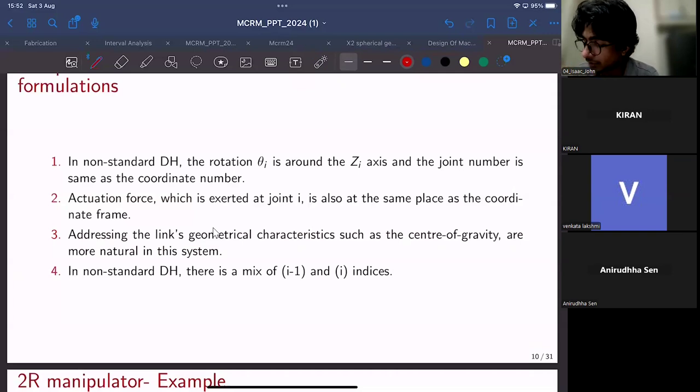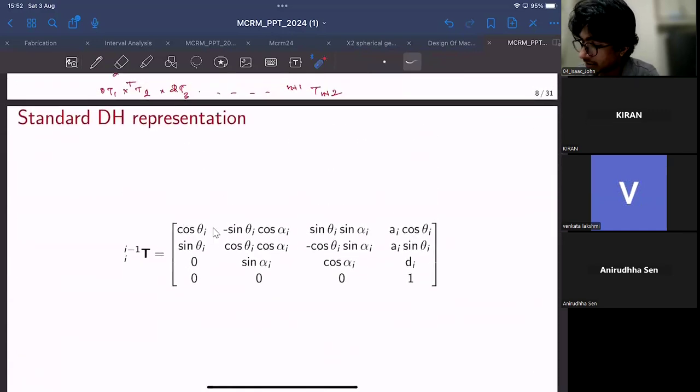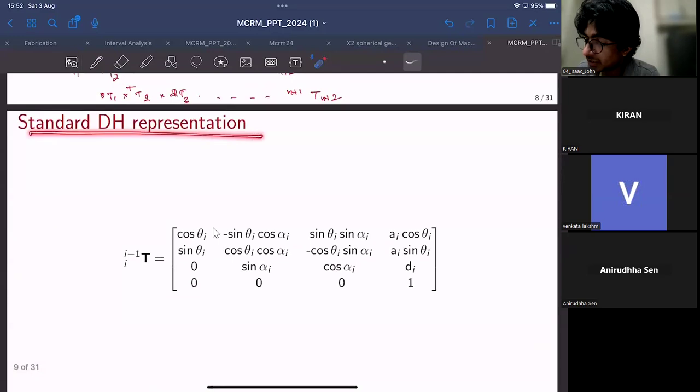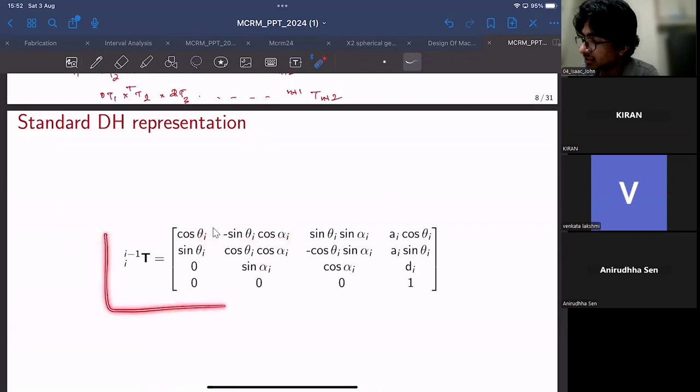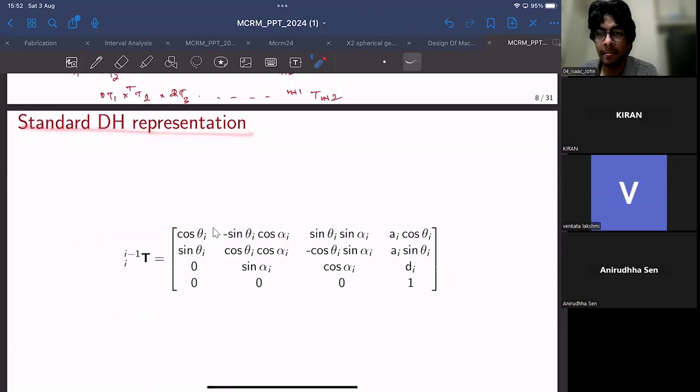But there is also another issue. In the non-standard representation, there is always going to be a mix of indices, such as i-1 and i. If you go back and look at the transformation matrix of the standard representation, all the indices are uniform. It only has the index i.